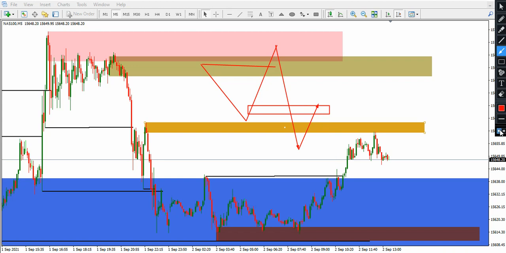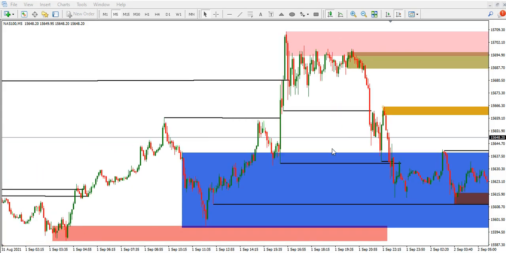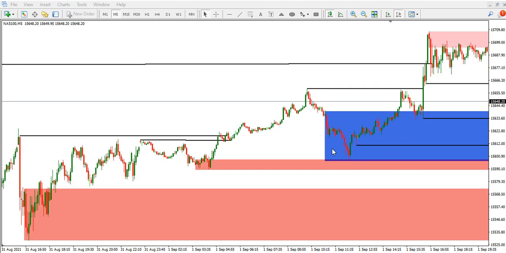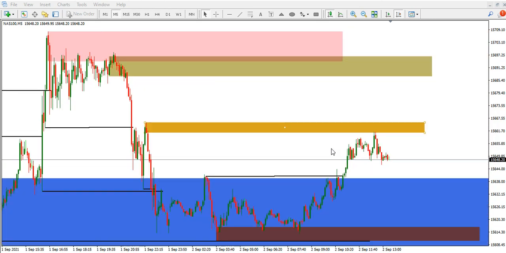All this that I'm explaining now, we expect it to happen only on the M15 time frame. So if you're a scalper, this is your opportunity to seize the moment and scalp on M15.